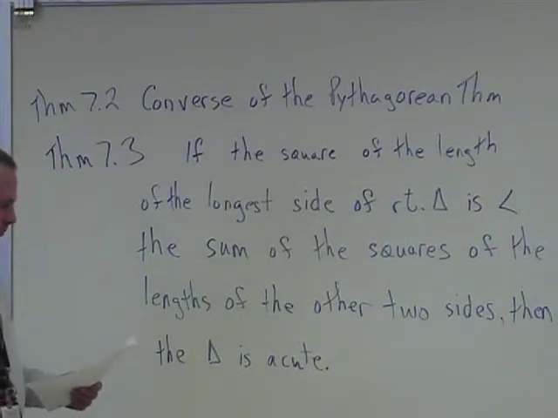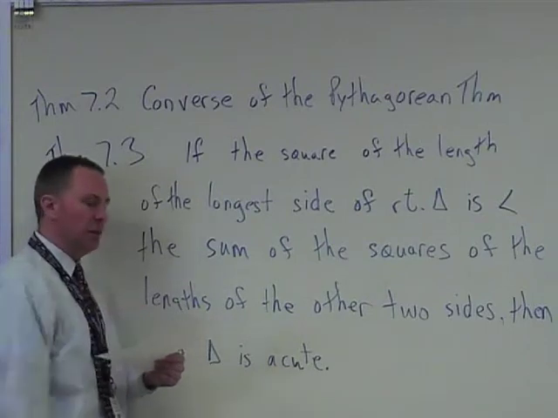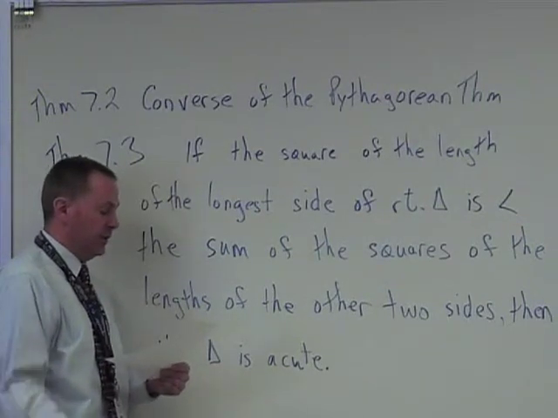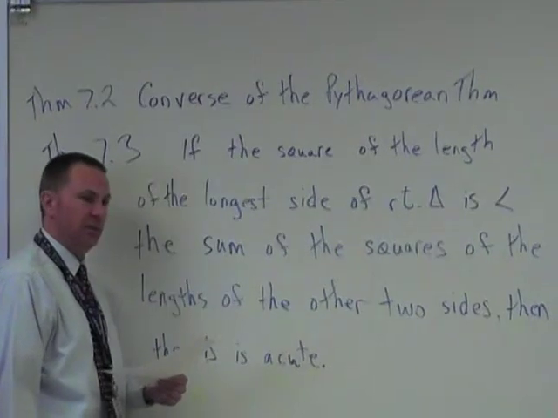If the square of the length of the longest side of a right triangle is less than the sum of the squares of the lengths of the other two sides, then it's acute.